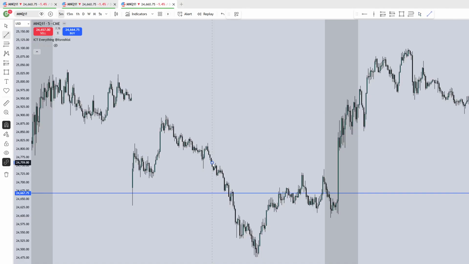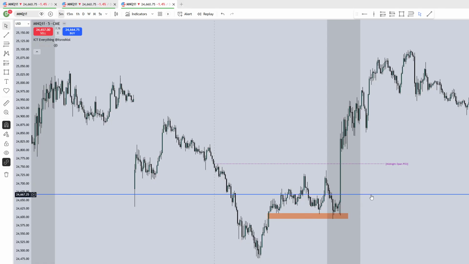Here's our midnight level. Before the AM session, we're going lower into a discount level. And then in London session, we start displacing higher and spooling higher. So get rid of this sell side.